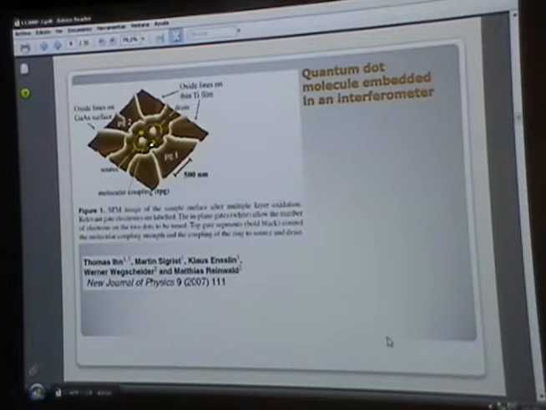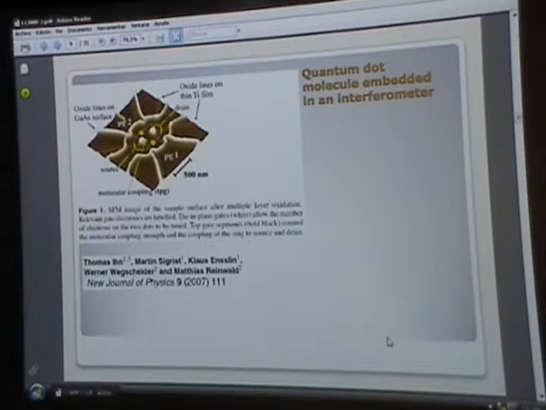Here, these two dots are the quantum dots, and this ring is the trajectories of the electrons from source to drain.